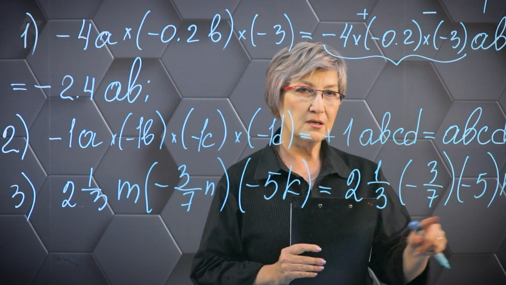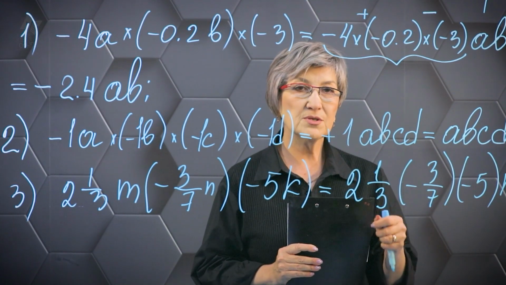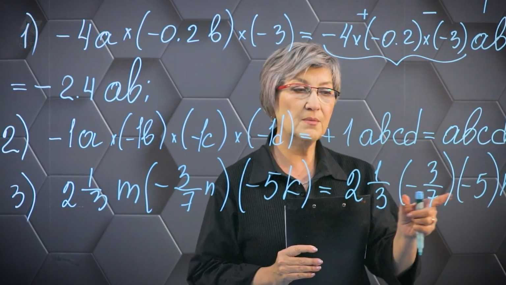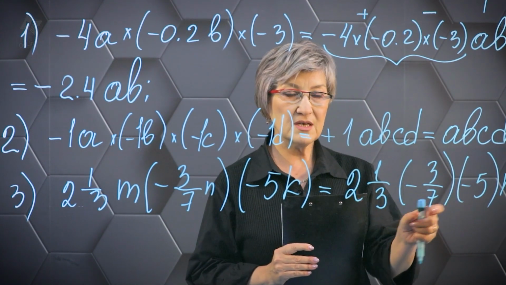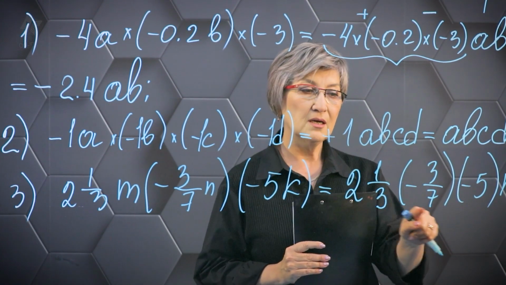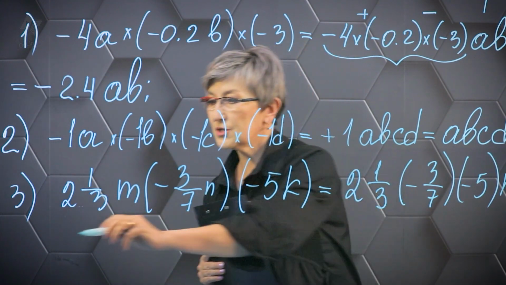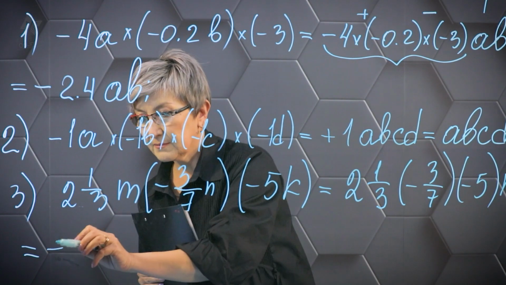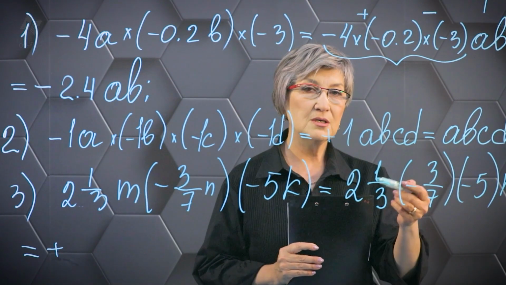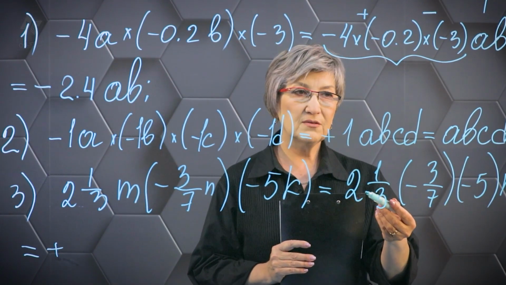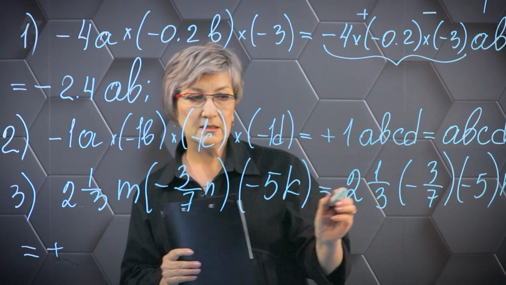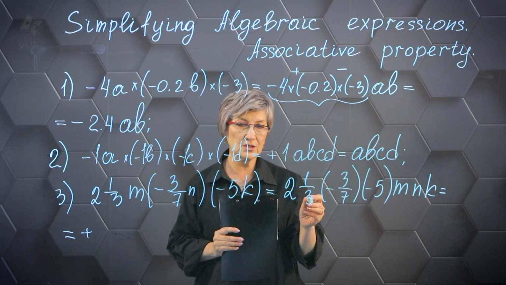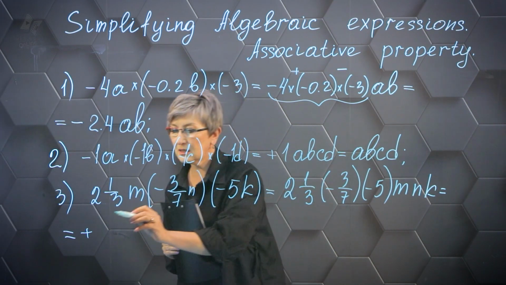We will use the same rules when multiplying rational numbers. Same algorithm. Note that there are two negative numbers in our product. When we multiply two negative numbers, the result is a positive number. Now we need to multiply our rational numbers. 2 whole 1/3 is an improper fraction. 2 times 3 is 6, and plus 1 is 7/3.